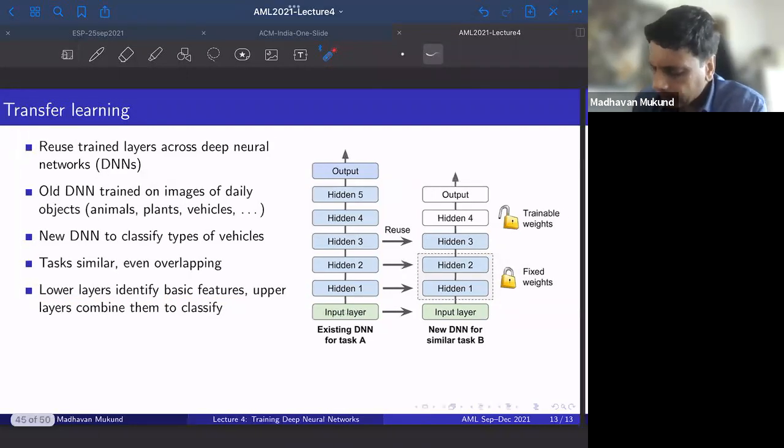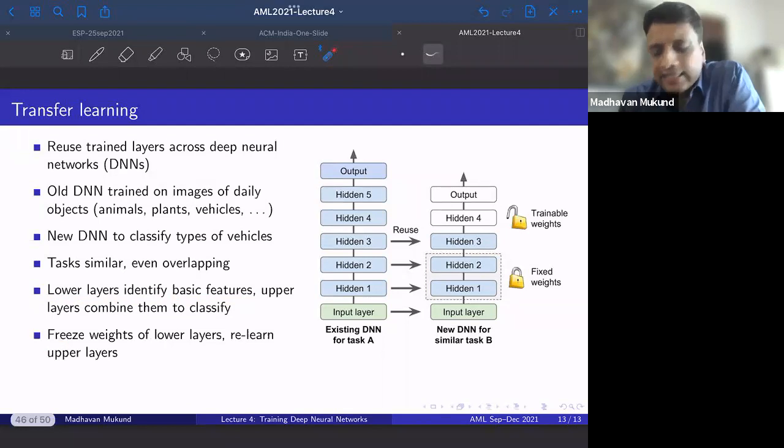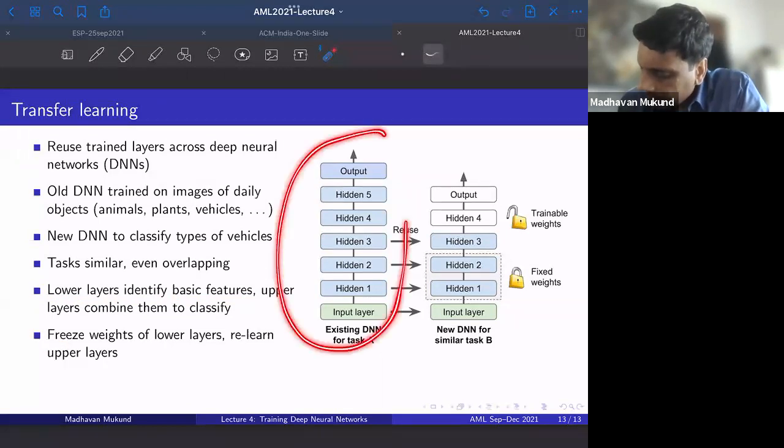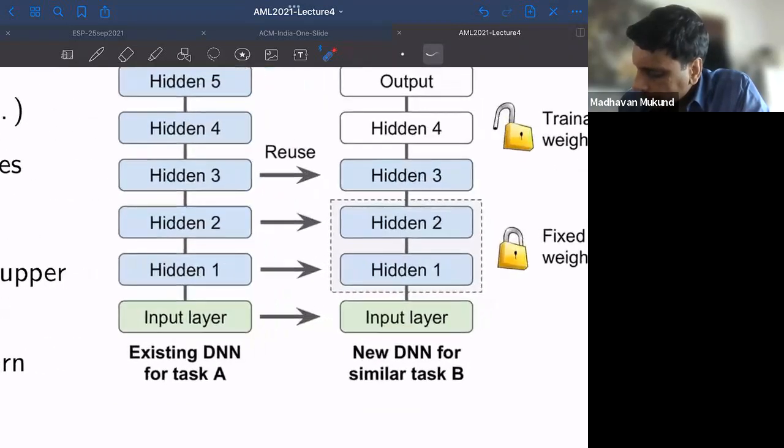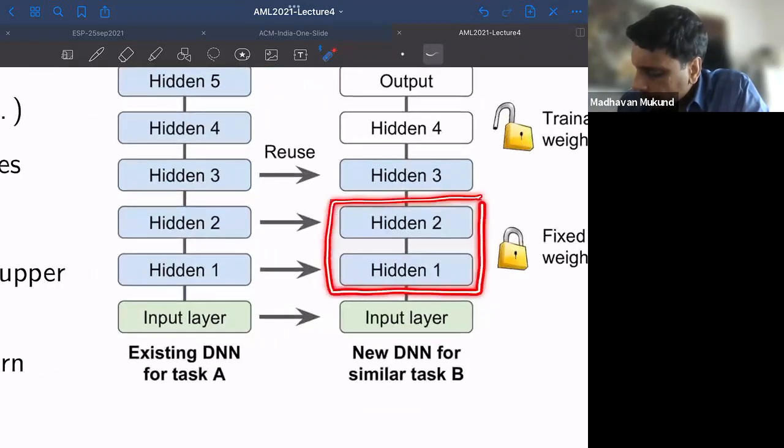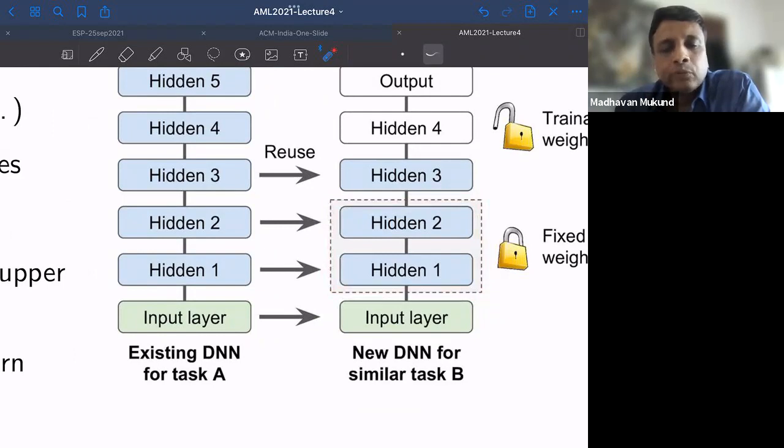So what you do is you take the existing network, right? And then you start a new network in which, at the lowest level, you use that network as it is. That is, you don't allow backpropagation to modify anything at that level.